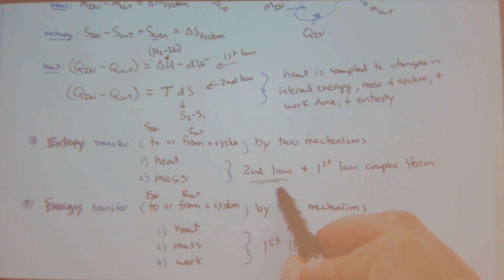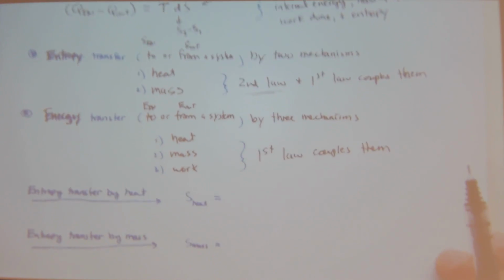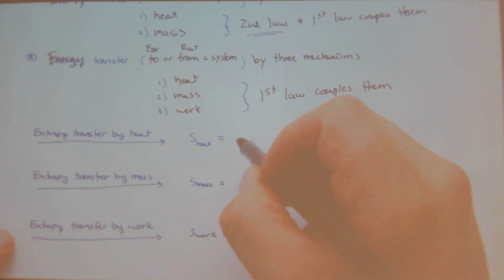The entropy transfer is mainly the second law, but also the first law couples this heat and mass. So entropy transfer by heat, we can write it in an equation form.